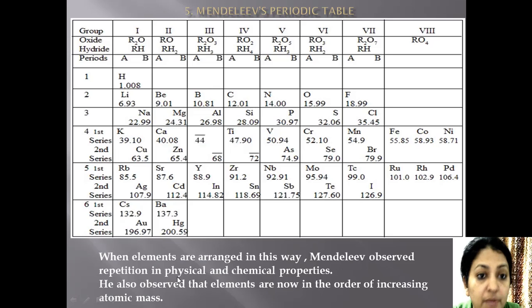He also observed that the elements are now in the order of increasing atomic mass. Right? So he arranged the elements in increasing atomic mass as well as according to the repetition of their physical and chemical properties.